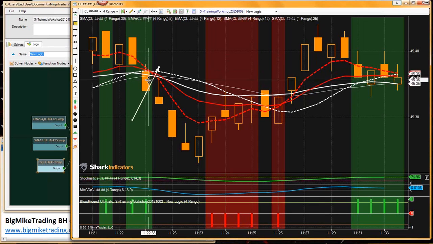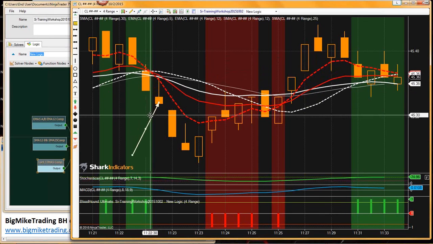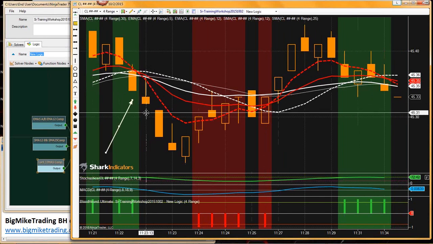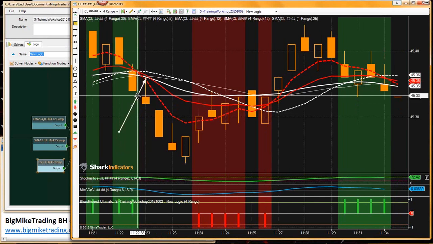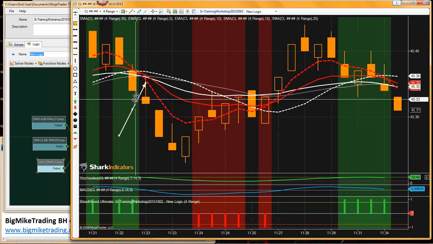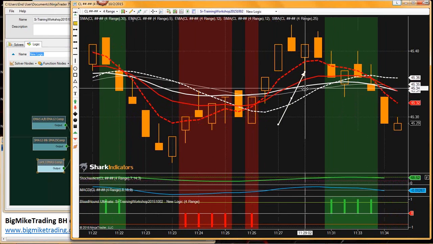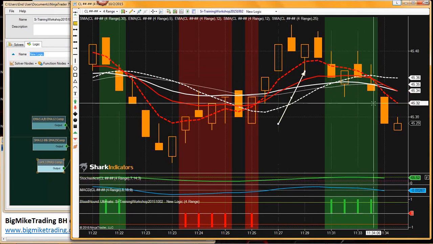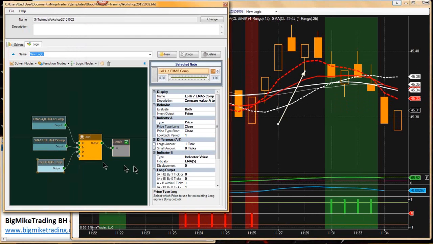Same thing back here. Price pulled back, touched the EMA, but the closing price of the bar is below it, so there's no signal, so the signal disappeared. So historically, you'll see different results versus real time. These are just some of the things you have to decide on.